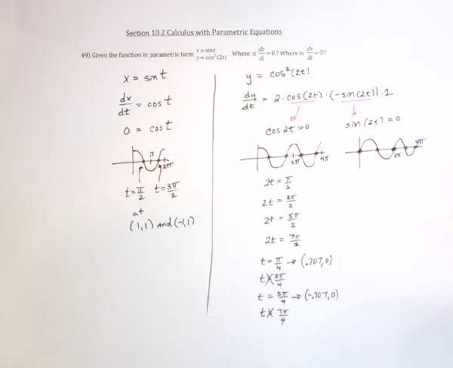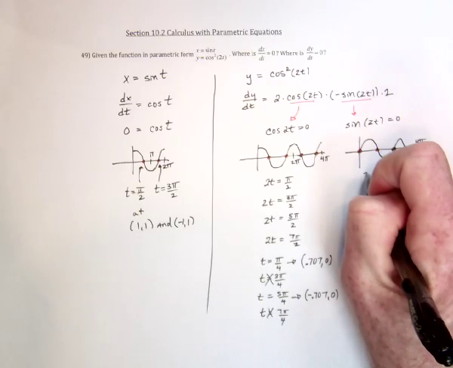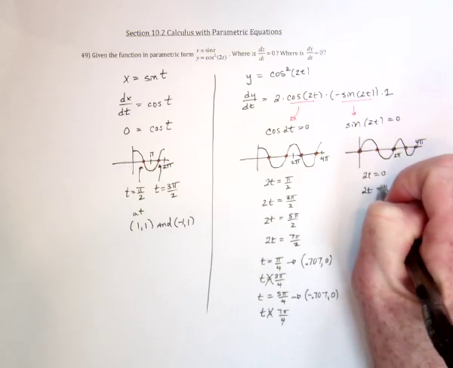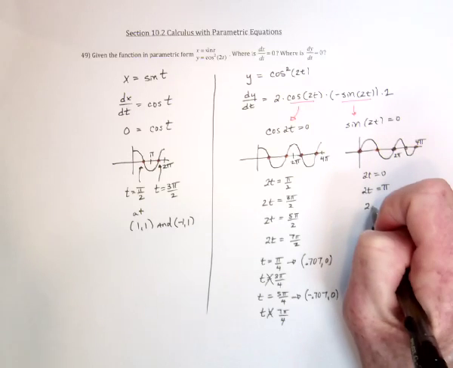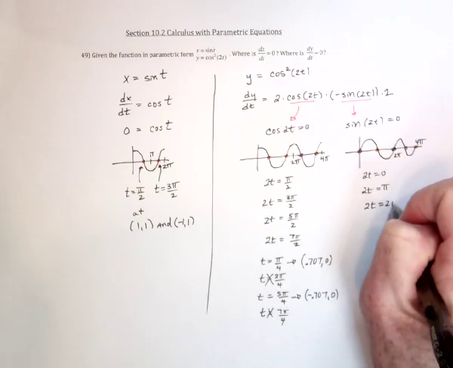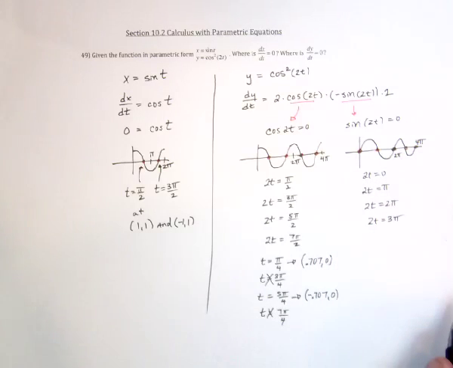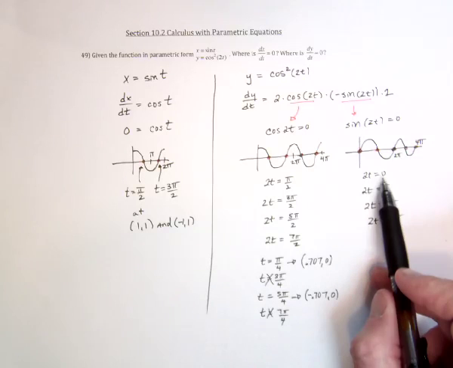And then all of those are equal to 2t. So we'd have 2t equals 0, 2t equals pi, 2t equals 2 pi, 2t equals 3 pi. And then I don't really have to do the 4 pi because that is the same information as that.